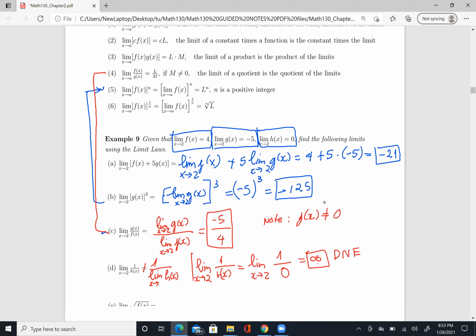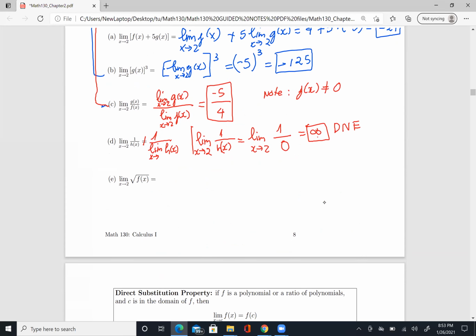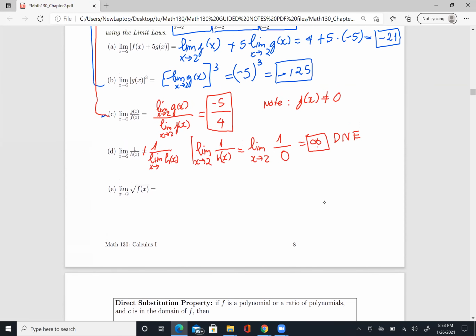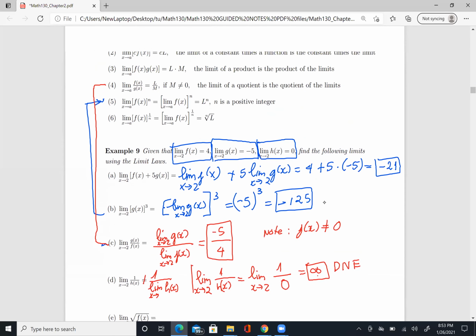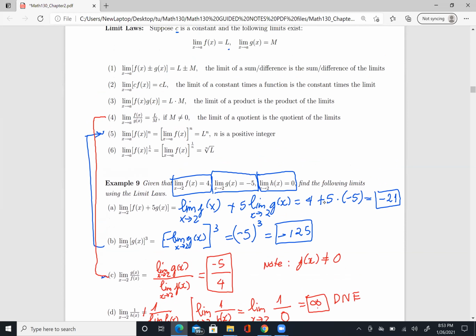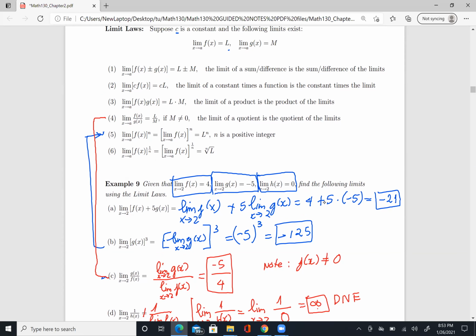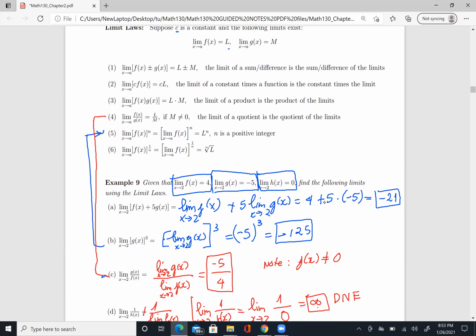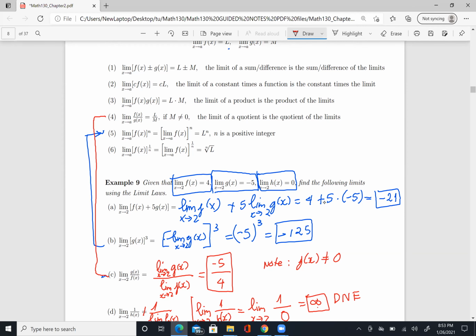All right, so let's go to problem E. I have the limit of the square root of fx when x goes to 2, right? Let's see which one I can apply.